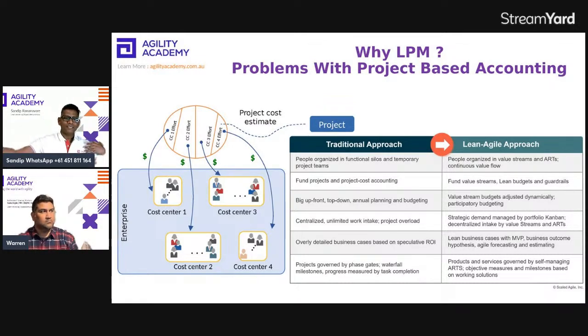In today's world there are so many factors influencing the way things happen that it's quite difficult to be accurate, and that's where the traditional approach doesn't stand. You also have to come up with a detailed business case which can justify how much money should be spent and why your project should be prioritized. So these are the challenges which are faced.